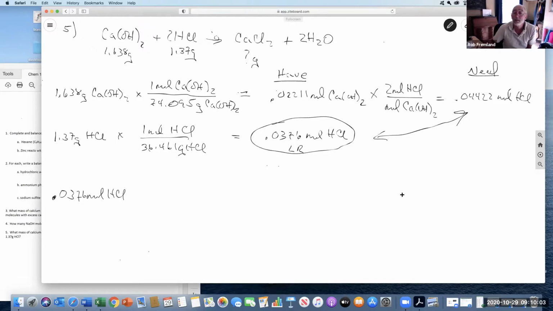And we want to get to, the final answer is grams of calcium chloride. I know from the balanced equation that I have 1 mole of calcium chloride for 2 moles of HCl. And then I think the molar mass is 110.99.